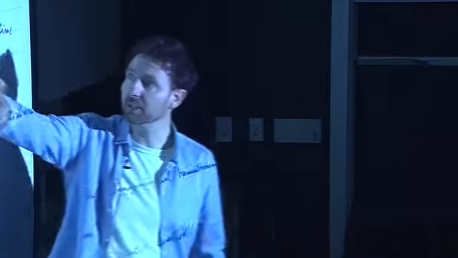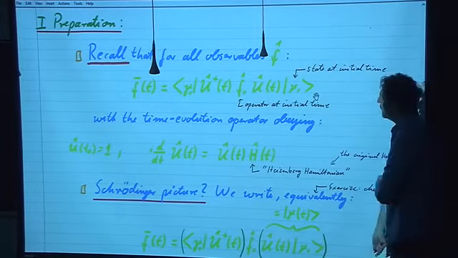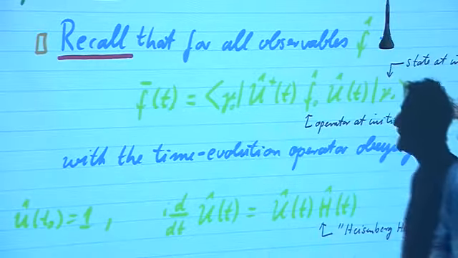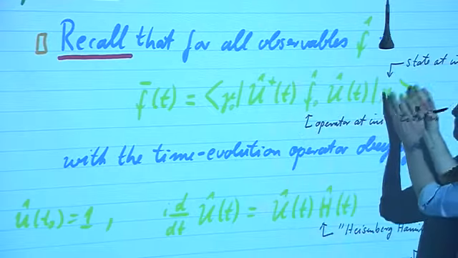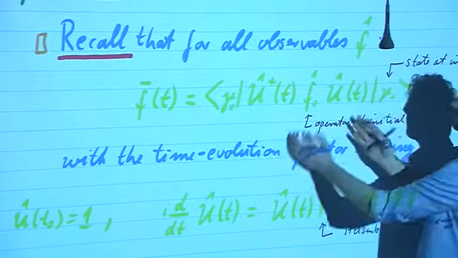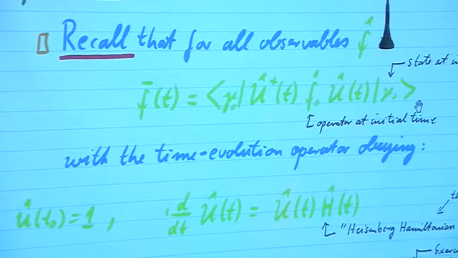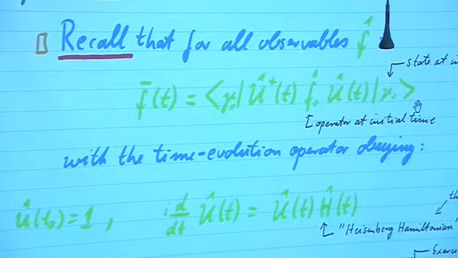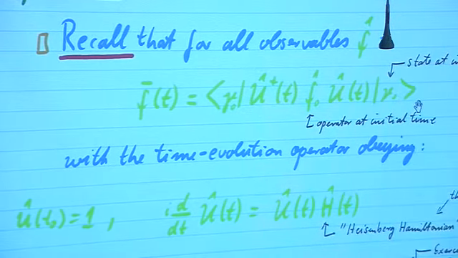So in quantum theory, independently of whether this is first or second quantization, we have that the expectation value of an observable as a function of time t is given by this thing. The state is, let's say, gamma naught. We have the time evolution operator here, and here we have the observable. So in quantum theory, we always have that expectation values can be calculated in this way.